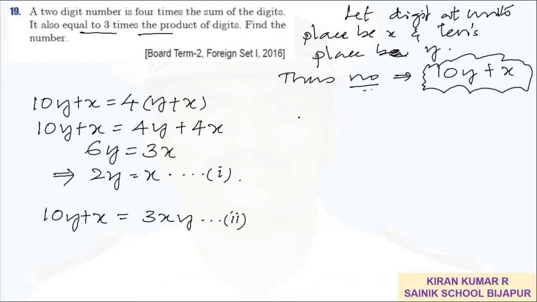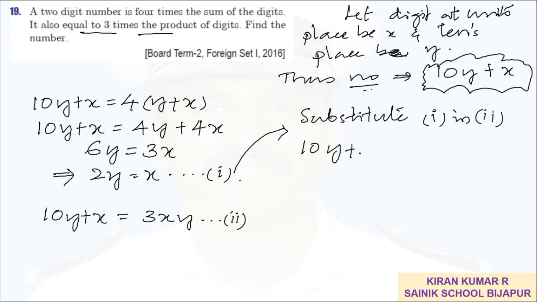Let me use equation 1. Substitute equation 1 in equation 2. What do we get? This is our equation 1. We have to substitute in this equation. So 10y plus, instead of x, we will write 2y, equal to 3 times, instead of x, 2y multiplied by y.